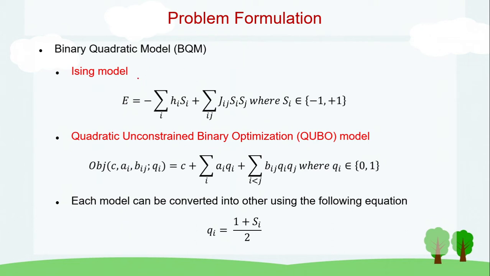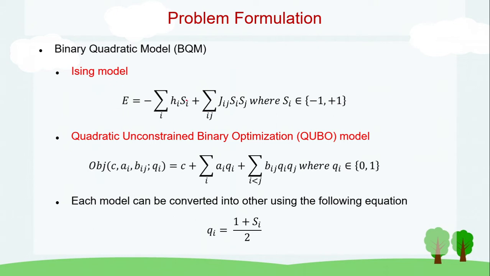People who are familiar with magnetic theory know what an Ising model is. You try to make the spin of the atoms magnetized or demagnetized, right? The spin directions are referred to as -1 and +1. The same logic is being used, so you define an energy equation using this approach.